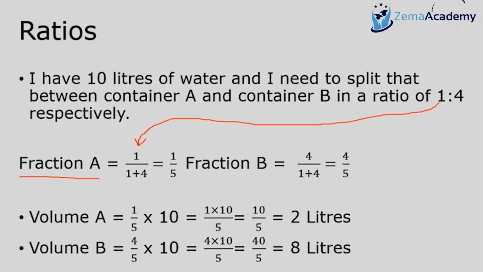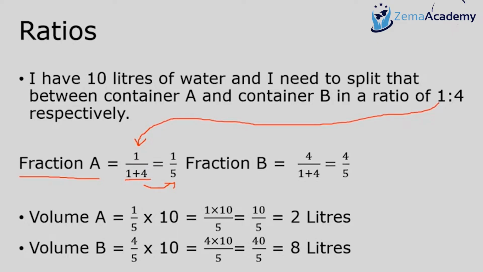And then at the bottom of the fraction, I add both those numbers together, just like on the slide before. So we have effectively x over x plus y, where x is 1 and y is 4. Don't get freaked out by the algebra, I'm just trying to get you used to it. That makes the fraction overall for A 1 over 5.